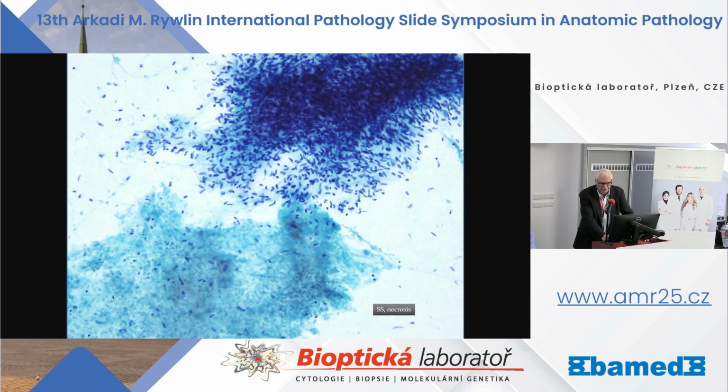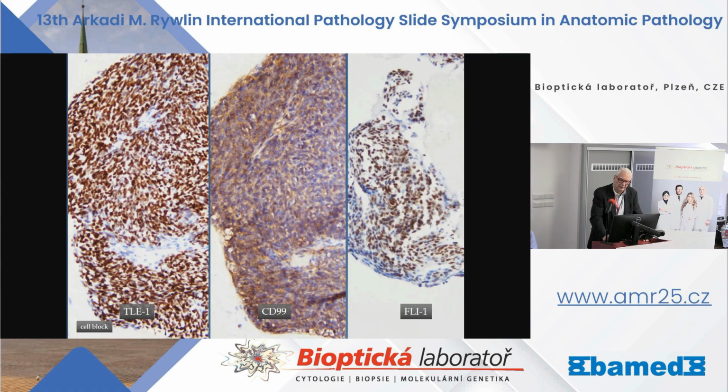You notice the viable cells at the upper portion and the necrotic material at the bottom portion. When we did the immunostains, at that time, we did not have the SSX immunostaining. It was developed later. TLE1 positive, CD99 positive, BCL2 positive. We were able to make a specific diagnosis of synovial sarcoma.